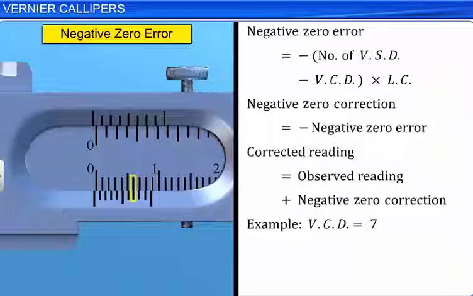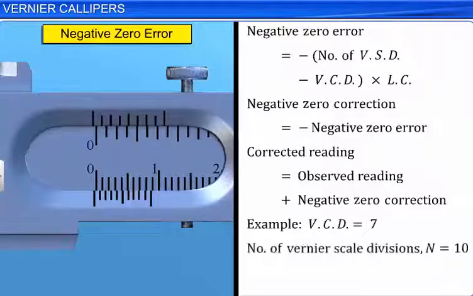For example, when the two external jaws are kept in contact, the 0 of the vernier scale is on the left side of the 0 of the main scale, and the 7th division on the vernier scale coincides with one of the main scale. The number of divisions on the vernier scale is 10, and the least count of the vernier calipers is 0.1 mm.